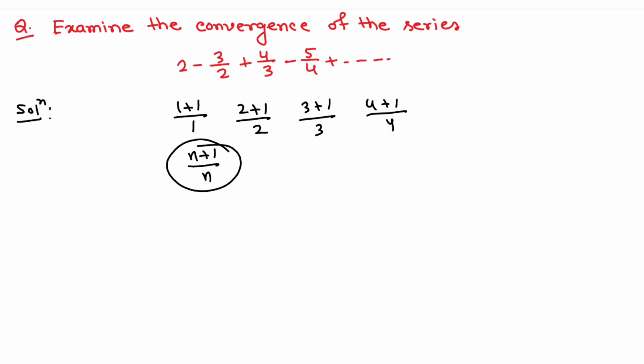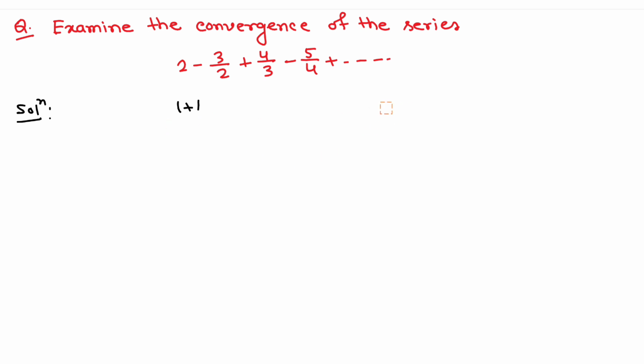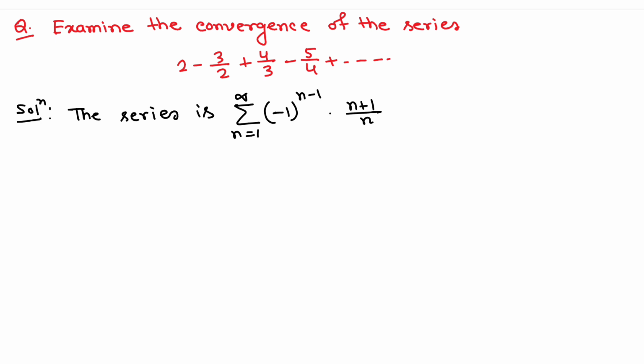So we can write the series as summation n equals 1 to infinity. Obviously signs alternately change, so this will be minus 1 to the power n minus 1 into n plus 1 by n. Yes or no? So obviously this is our un, so un equals n plus 1 by n.